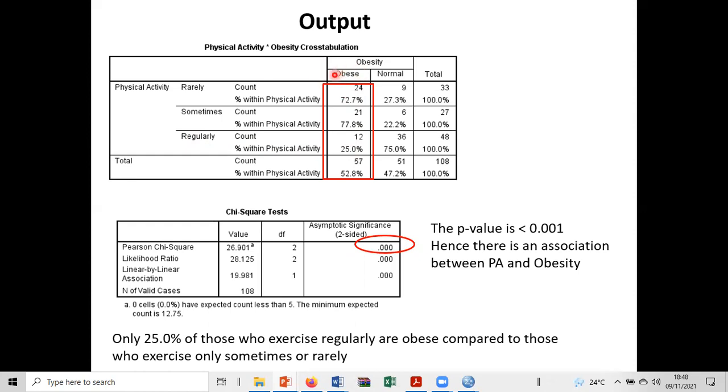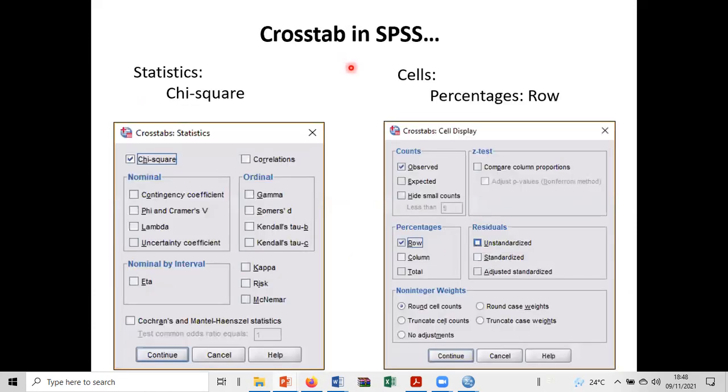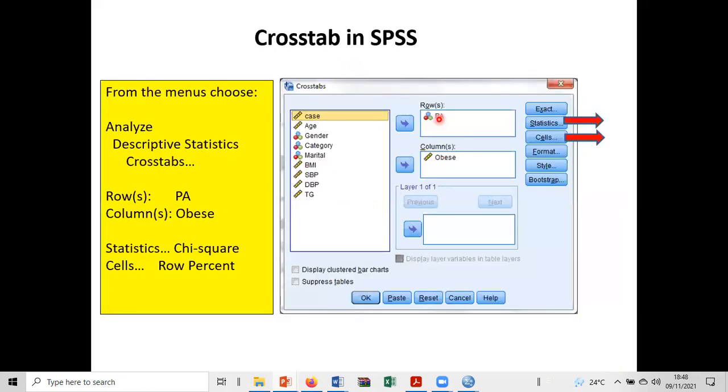So, is there a connection between physical activity and obesity? Look at the p-value here. This p-value is less than 0.001, hence there is an association. We are asking whether physical activity and obesity are connected, associated. So it's a simple test, because both are qualitative.